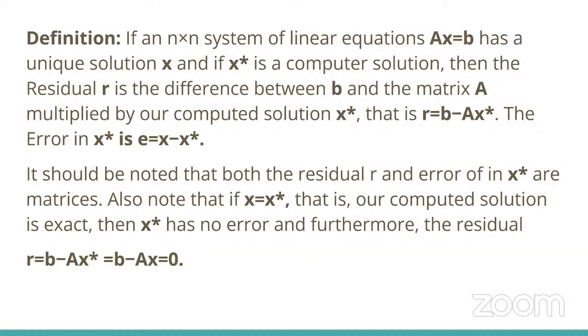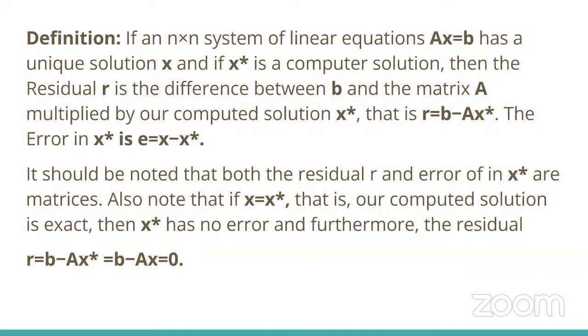So after using the algorithm, you get a formula: R equals b minus A x star. We need to know what these are. R is the residual, b is the known vector, A is the main square matrix, and x star is the approximate solution.